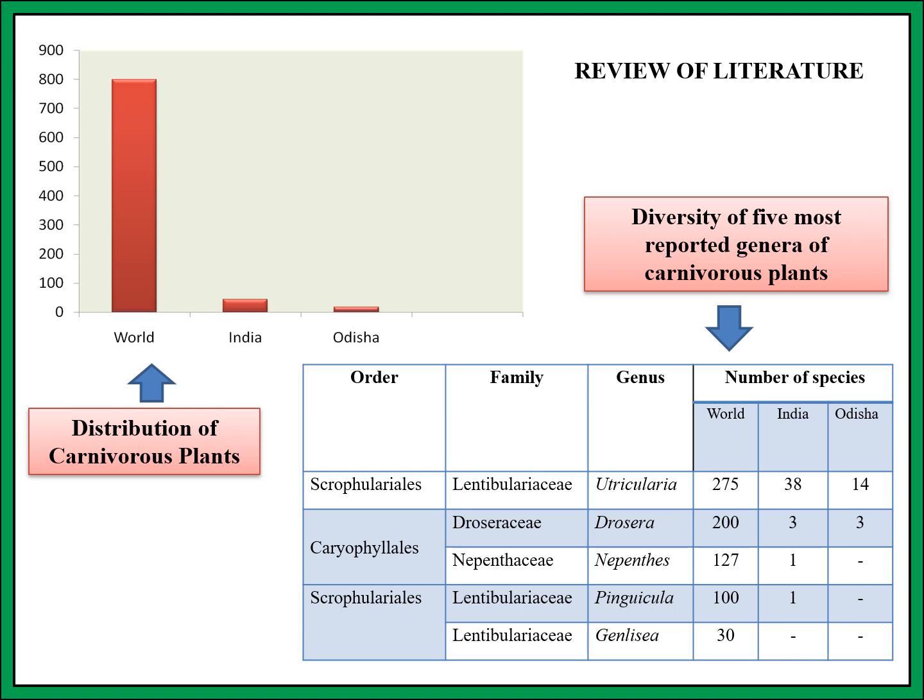So here is the distribution of carnivorous plants in the world, India, and Odisha, and the diversity of the five most reported genera of carnivorous plants. You can observe here Utricularia, Drosera, Nepenthes, Pinguicula, Genlisea. The representation should be in tabular form or graph form, not in words only.